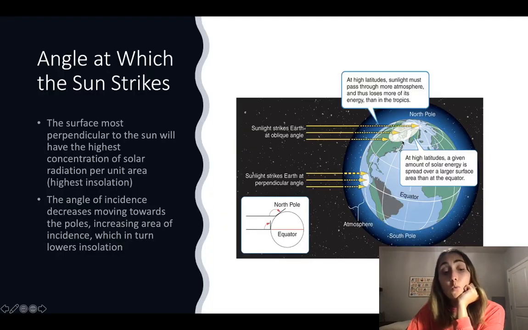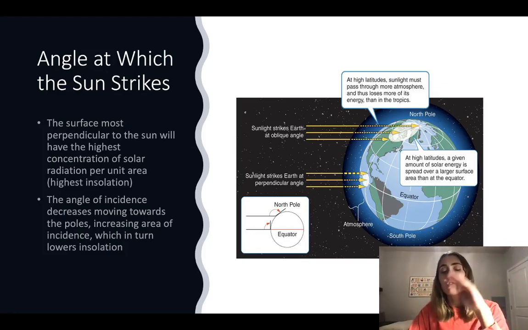It's going to lower the amount of solar insolation per unit area. Because it's spread out over a larger distance, the light is less concentrated. So these areas tend to be much cooler temperature-wise.